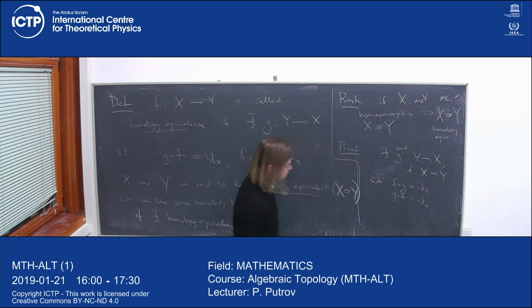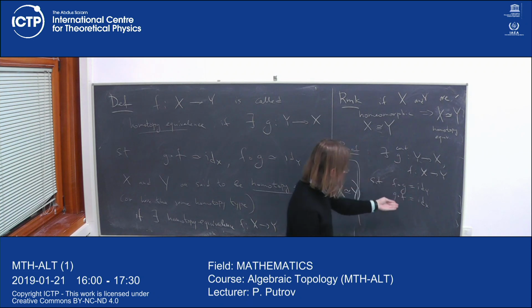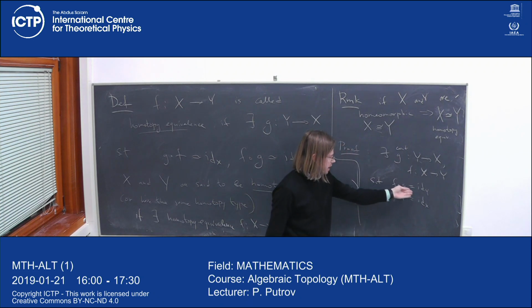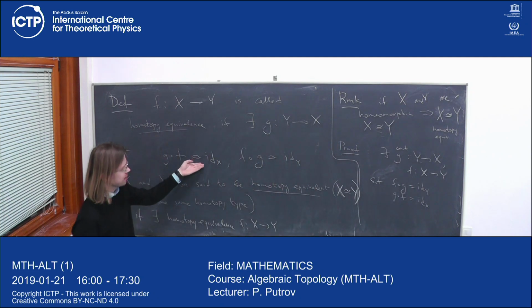Of course, here we just have identity maps, so we can just choose the constant homotopy.